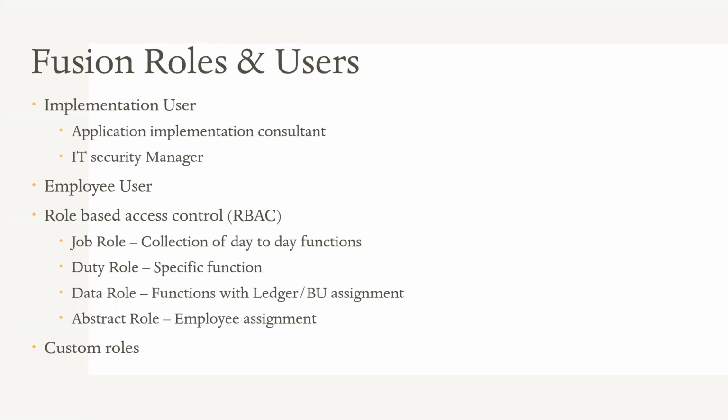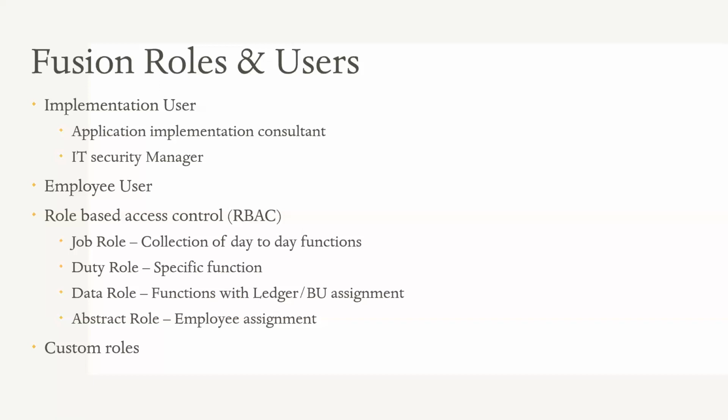This we will see in custom role basically. When we are customizing the role, are we customizing at only the data role level, is it only for a specific inventory unit, or will this role be used only for a particular employee? This is what defines the roles. So these are the four different roles that we have in Fusion application.